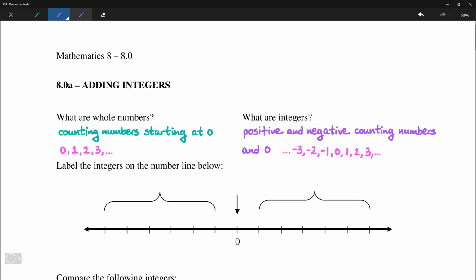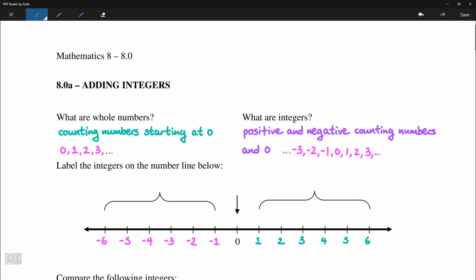So one way to illustrate all this is to use a number line. Here we have 0 in the middle of a number line, and then to its right are the positive integers 1, 2, 3, 4, 5, and 6. And then on the other side, we have negative 1, negative 2, negative 3, negative 4, negative 5, and negative 6.